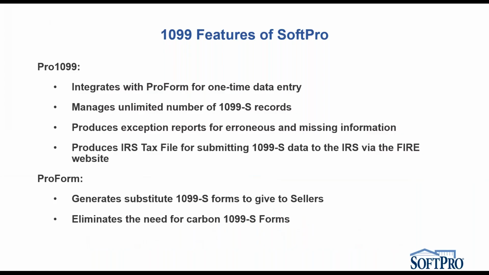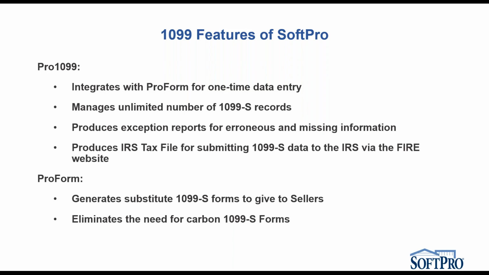All right. So within SoftPro, for all of our versions, we have 2 modules that play with the 1099. We're going to have our Pro 1099 module as well as our Pro Form module. So both our Classic, our Standard, Enterprise, and our Select will have both of these.